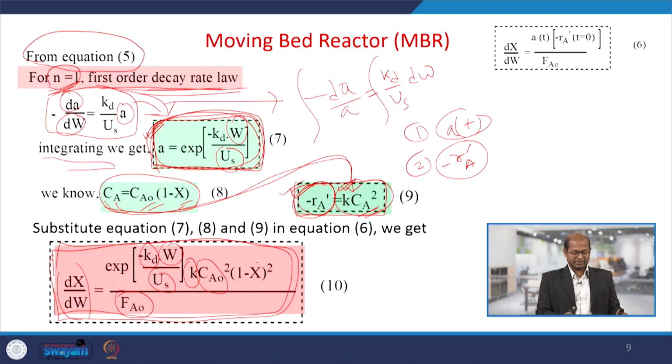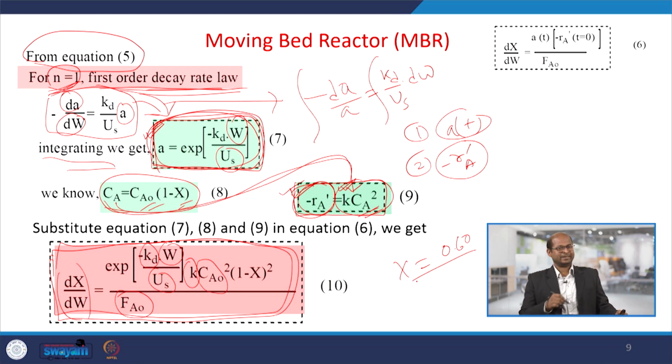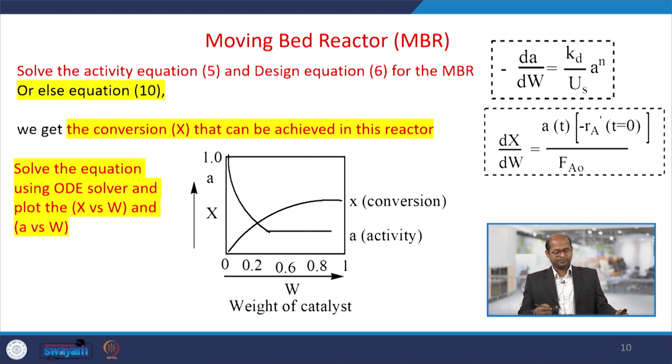This dx by dW is the differential form of conversion and weight of the catalyst, and how they are related with the right hand side. If, let us say, we need 60% conversion, then we can integrate this and find how much catalyst is required for the desired conversion, or else we can use this in ordinary differential solvers.